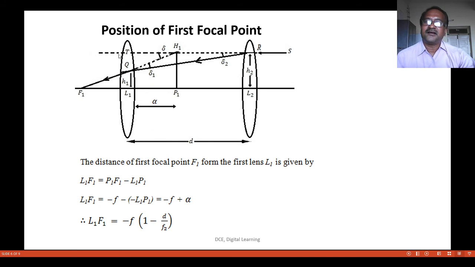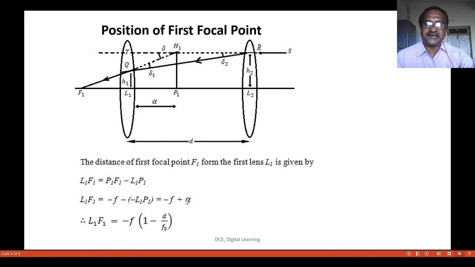Similarly, positioning the first focal point is like this: L1F1 is equal to F1P1 minus L1P1. This is equal to minus F, since this is measured in the reverse direction. Therefore, L1F1 is equal to minus F plus alpha.